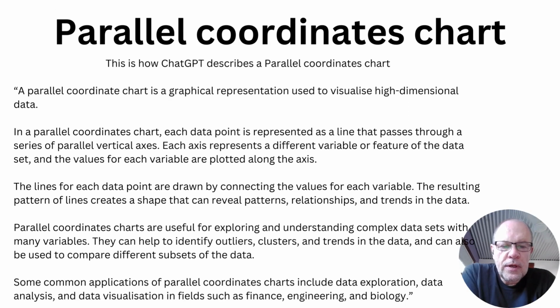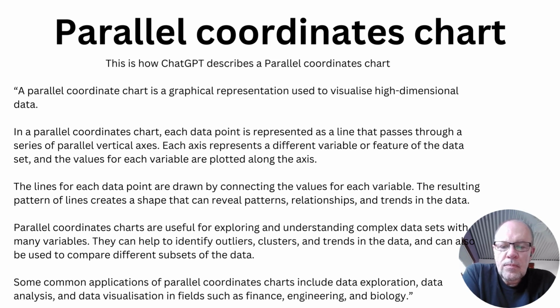And as I've done for a few others, I went and had a look at what ChatGPT said about a parallel coordinates chart. Essentially, it's a set of lines that run through various features of the data set. So in the case of the one we're going to look at, there are 4 features to do with the length of petals and so on.